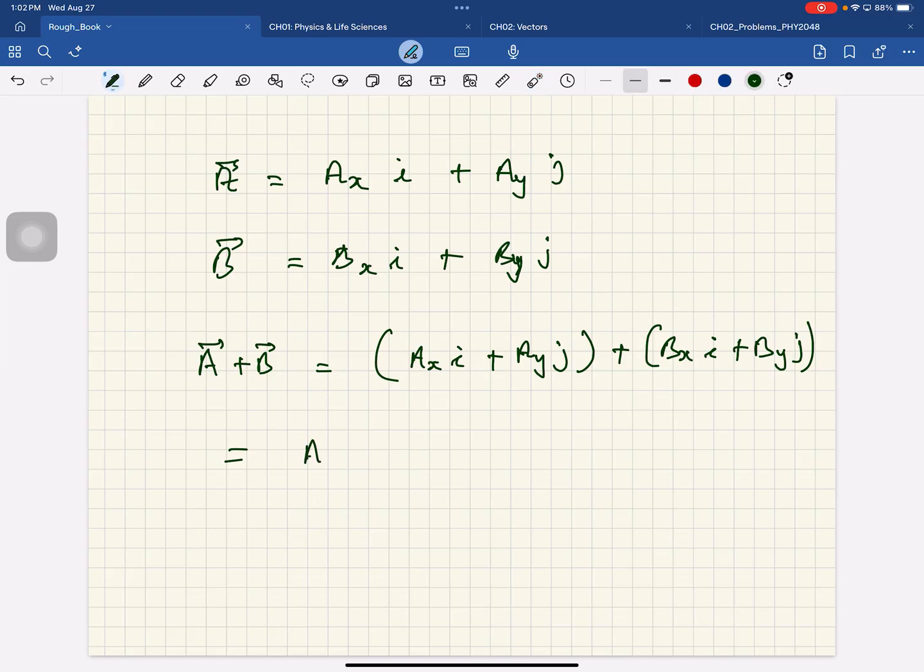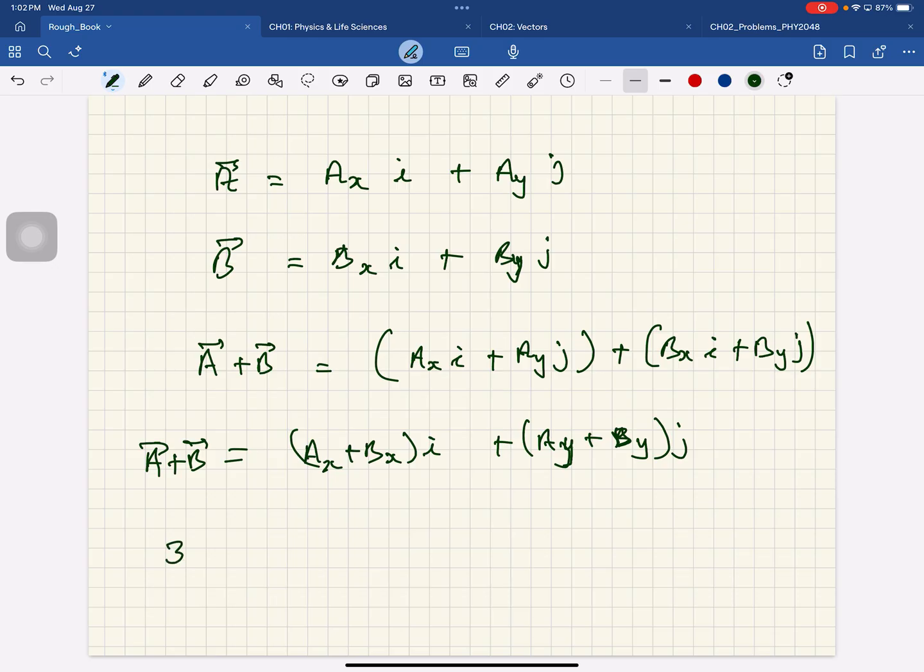So this would be ax plus bx i. So that's how you add vectors. You just add the components. In fact, now you can do all kinds of complicated operations.